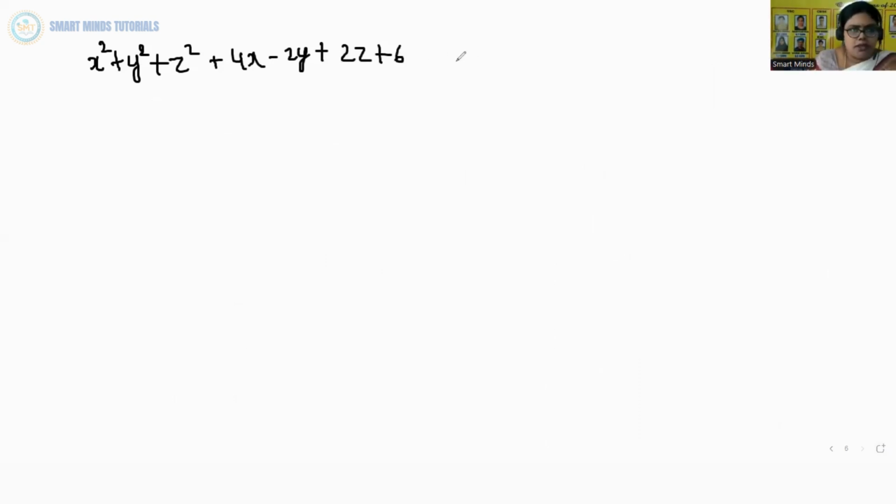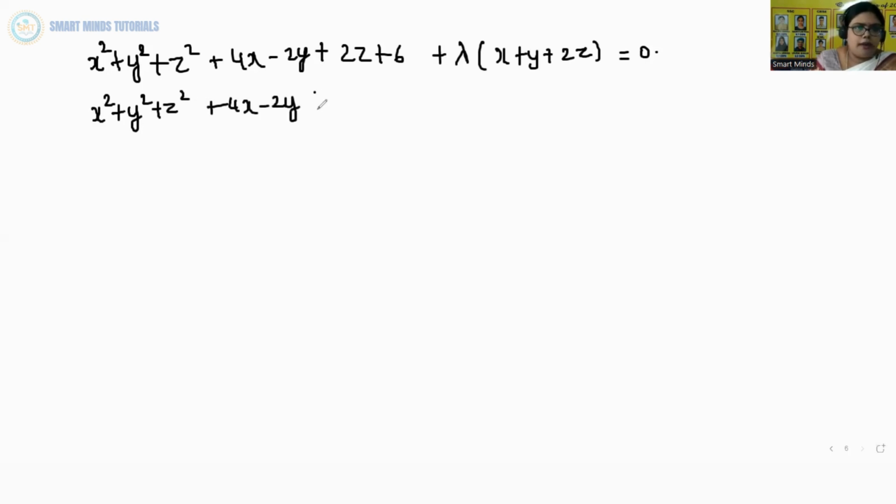And what is S1 minus S2? Plus lambda into x plus y plus 2z is equal to 0. So x square plus y square plus z square plus 4x minus 2y plus 2z plus 6 plus lambda x plus lambda y plus 2 lambda z is equal to 0.